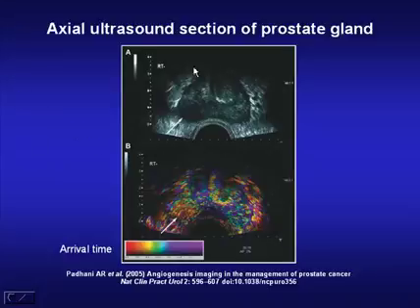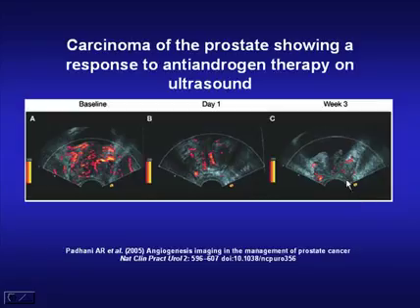And we can plot different parameters, such as arrival time of contrast in various points of tissue, and draw maps of the prostate, here showing that in this obvious small prostate cancer, we can see an early arrival time of contrast in the bulk of the tumor compared to the rest of the prostate. And this is important when we try to evaluate the effects of different therapies, medical therapies, on prostate tumors, such as anti-angiogenesis agents or anti-androgen therapies.